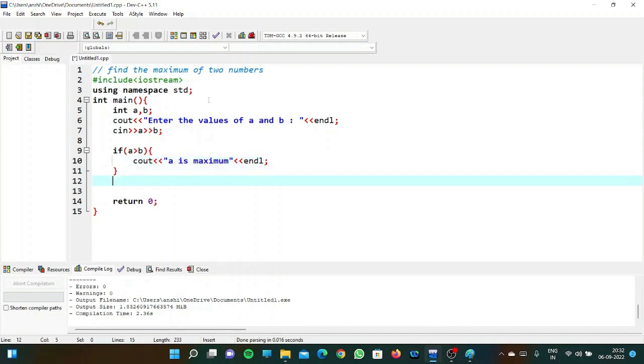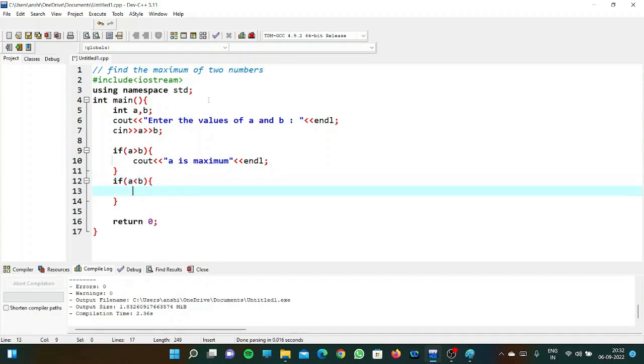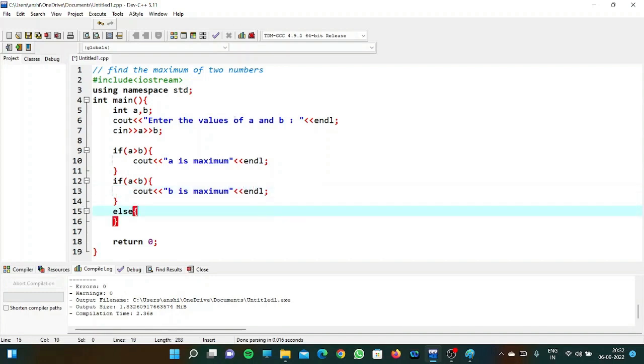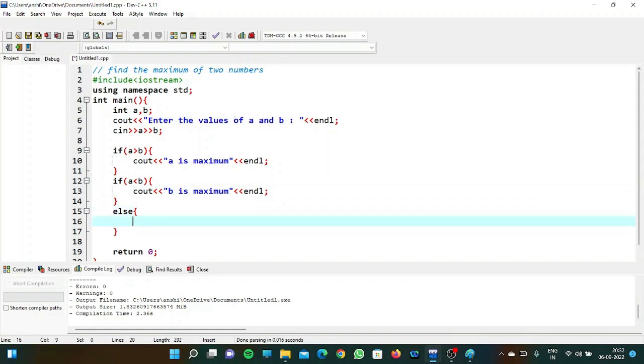If a is less than b, cout b is maximum. Now in the else part you can write, if neither of the conditions is satisfied, that means both are equal, cout they both are equal.